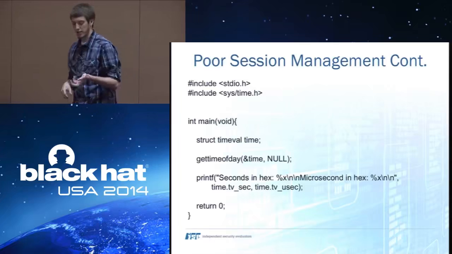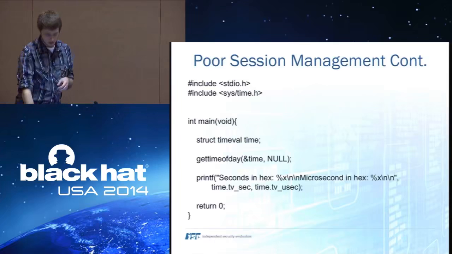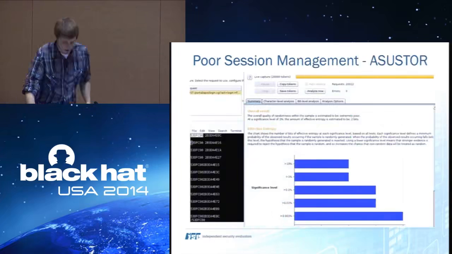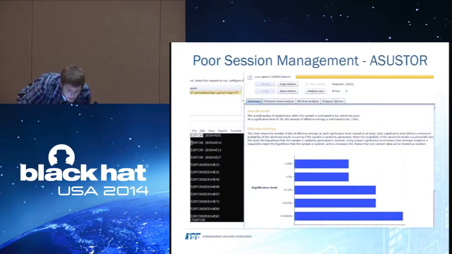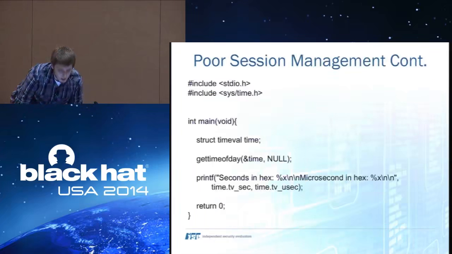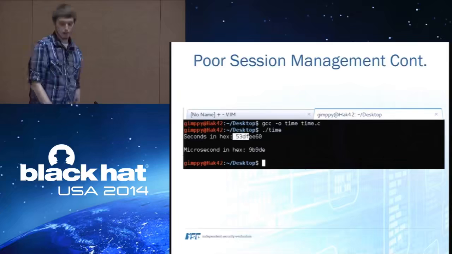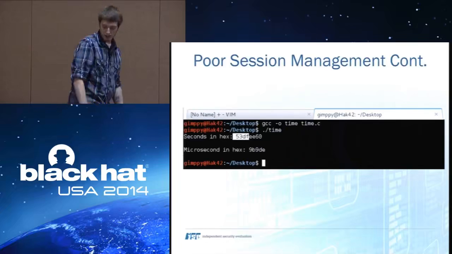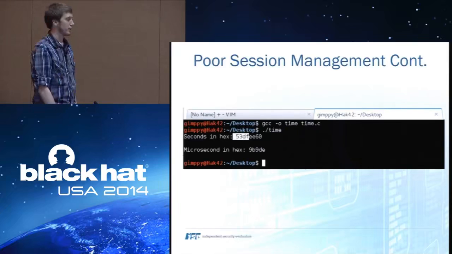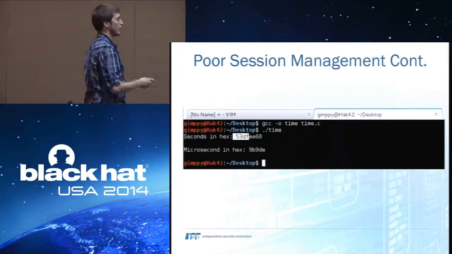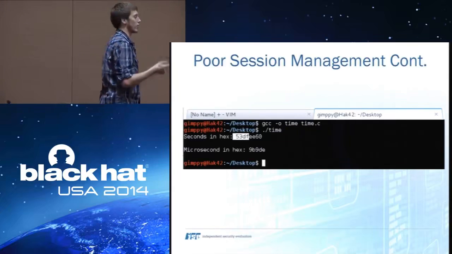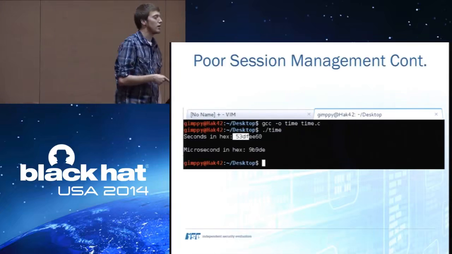We're then going to print the seconds and the microseconds. So if you guys remember from up here, the first bytes being 53DF, once we compile it with GCC and run it, the seconds, the first part of it is 53DF. So already with this information, we know that they're creating these cookies based off of time.